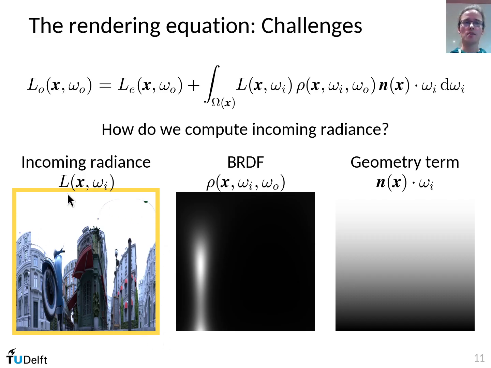Basically, this is a rendered image of the scene, just with a slightly strange camera. And we started out wanting to render an image, and now basically we have to do the same thing to render an image. So we have sort of recursion here. We have to know how to do rendering to know how to do rendering. And this is one problem that we will have to address.